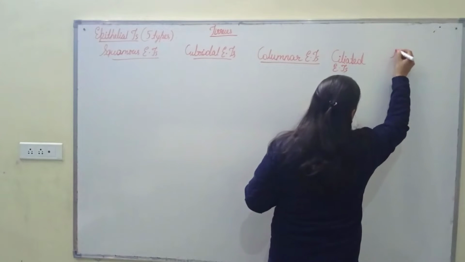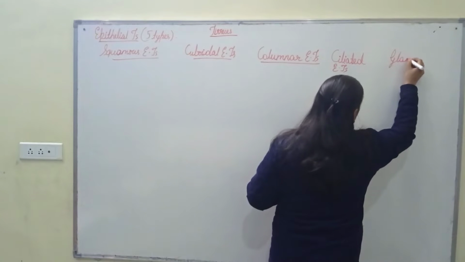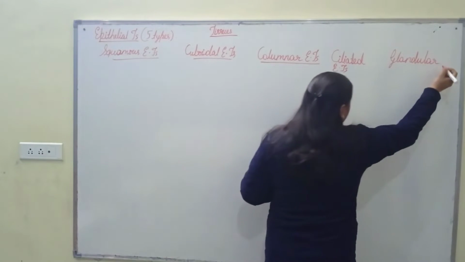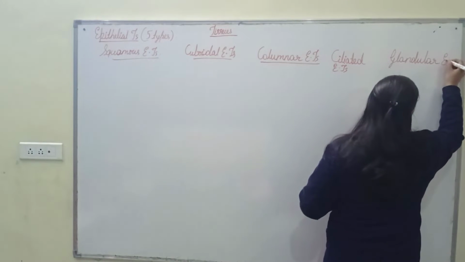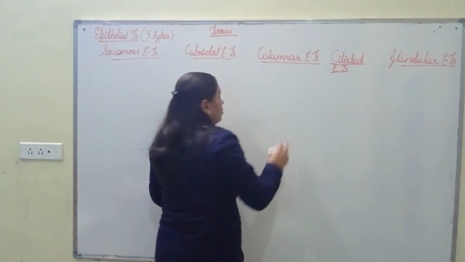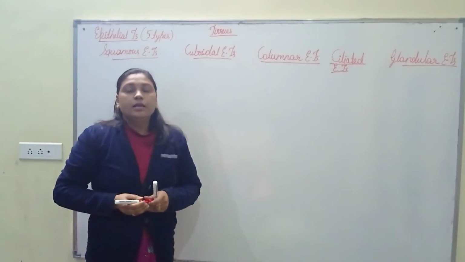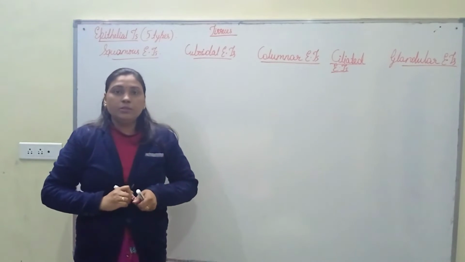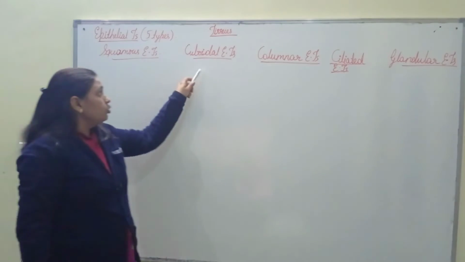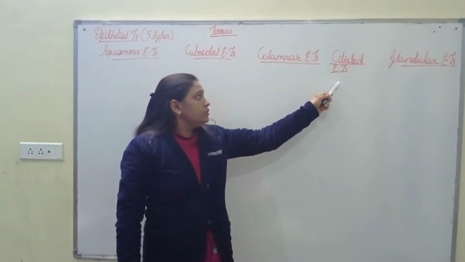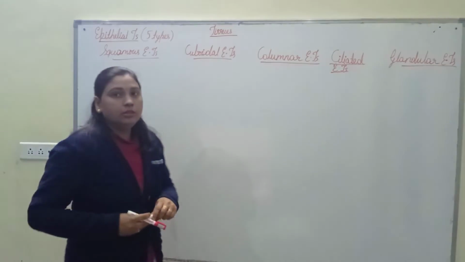And fifth is glandular epithelium tissue. On the basis of shape, epithelial tissues are of 5 types: squamous, cuboidal, columnar, ciliated and glandular epithelium tissue.